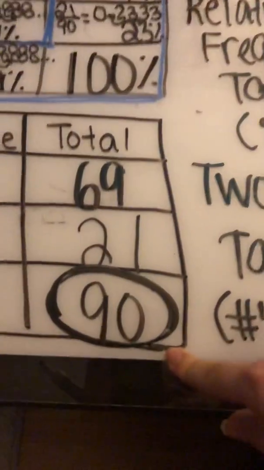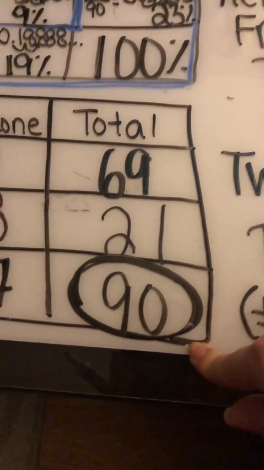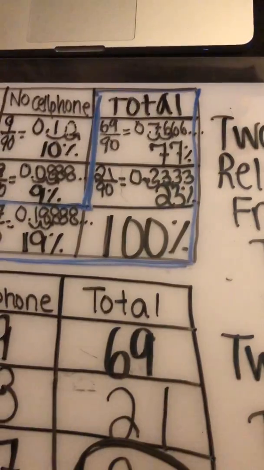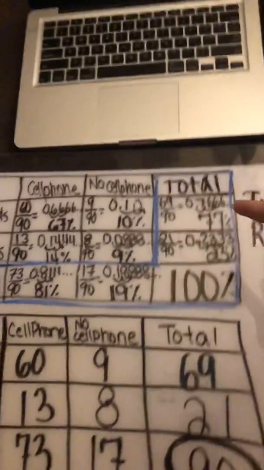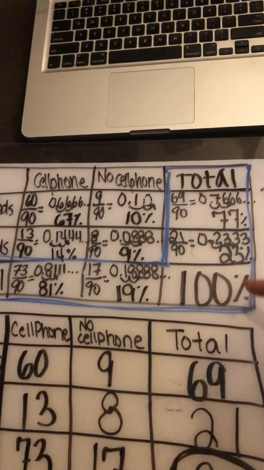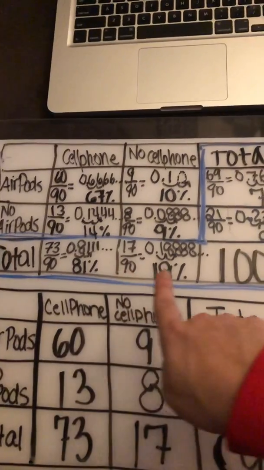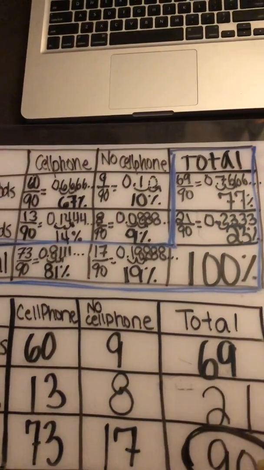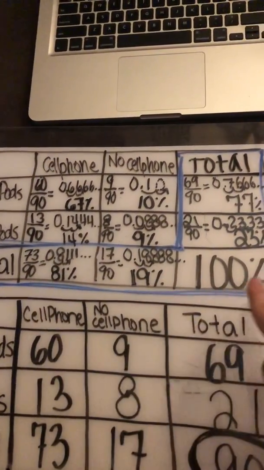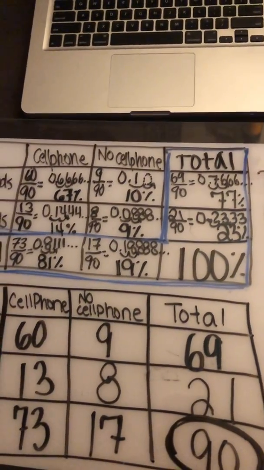So if we were to do that final box, it would have been 90 divided by 90, which equals 1, and 1 converted to a percent is 100. So this is always a very nice check at the end of your work. This final column should always add to 100%, and this final row should always add to 100%, which it does. 81 plus 19 equals 100. 77 plus 23 equals 100.